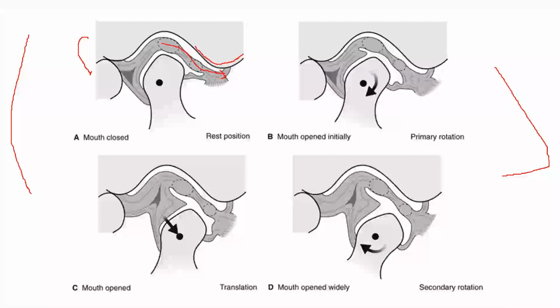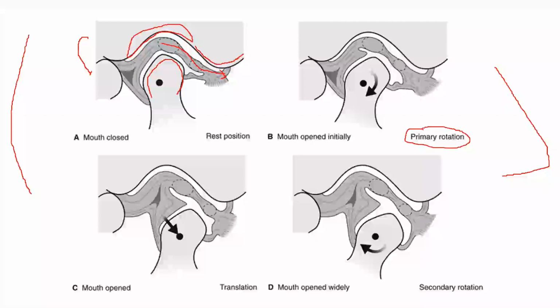Now, in the rest position, the condylar head is very well secured within the mandibular fossa, which is this bit here. I apologise that they're all in red, but for the sake of speed and brevity, I'm not changing colours. So that's really nice and snug in there. In order for us to open our jaw, we have a primary rotation, looking at this image here.